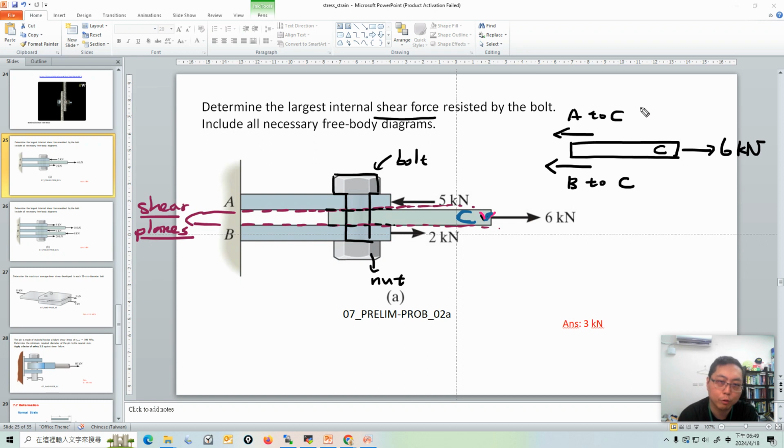Do I have to write it in more detail because it's a friction? Because these two areas contact each other, when we apply an external force on C, C will experience a friction from A and B. The friction from A and B will create a shear force on C. So this is the free body diagram of C. These must be equal and opposite to balance the 6 kilonewton to the right.